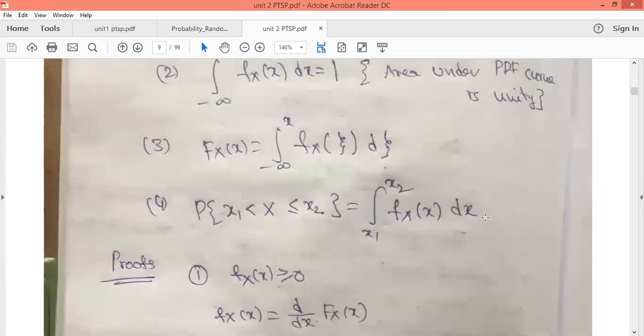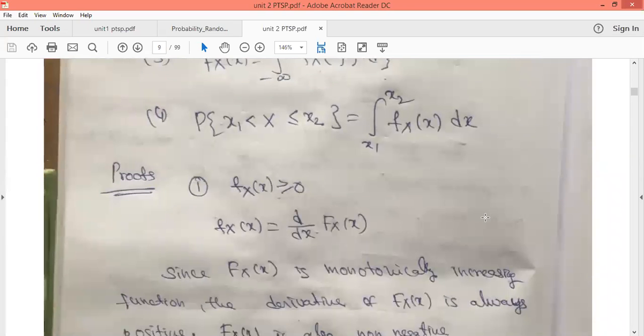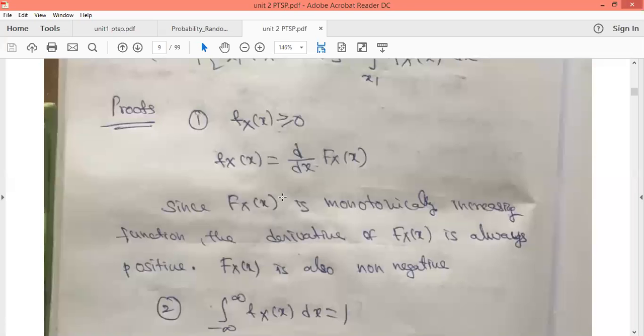These are the four properties of the density function. Now we'll discuss the proofs. What is the first property? Fx of x is greater than or equal to 0. We know that small fx of x, the density function, is the derivative of the distribution function. So it is d by dx of capital Fx of x. Just now we have discussed that the distribution function is monotonically increasing, so the derivative of capital Fx of x is always positive.